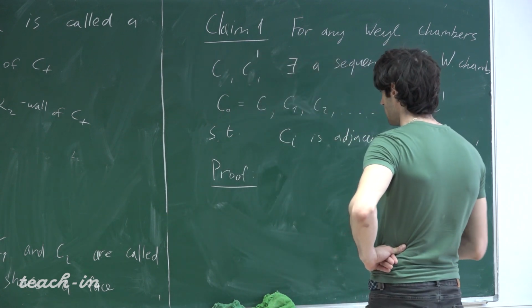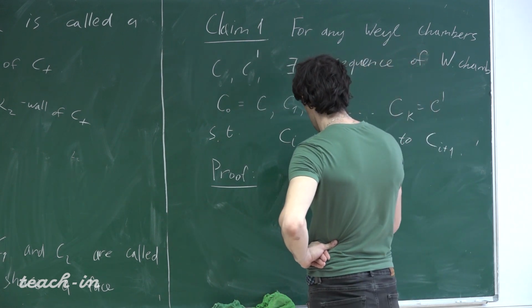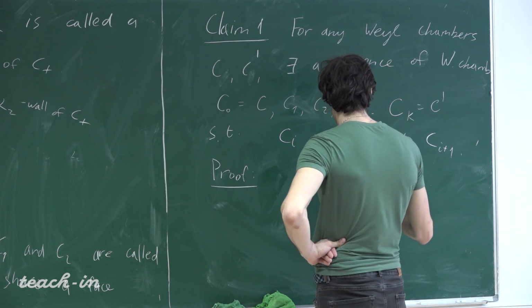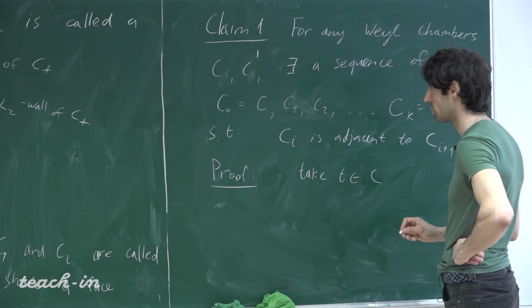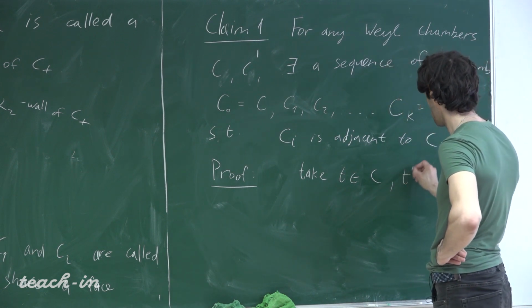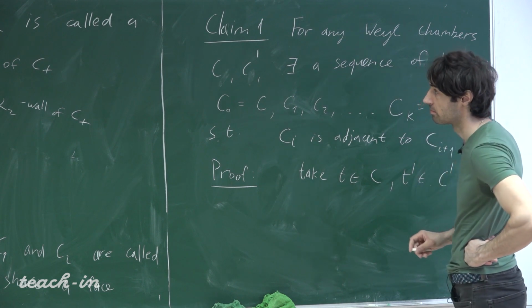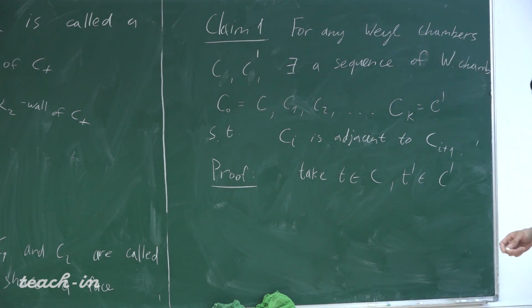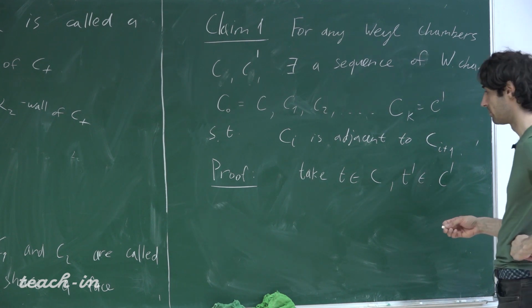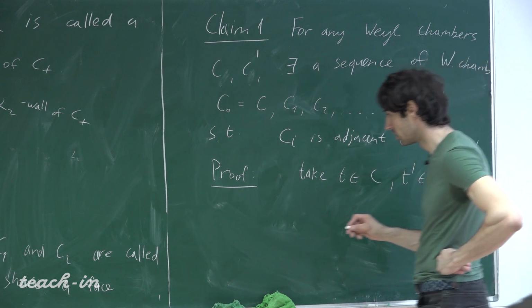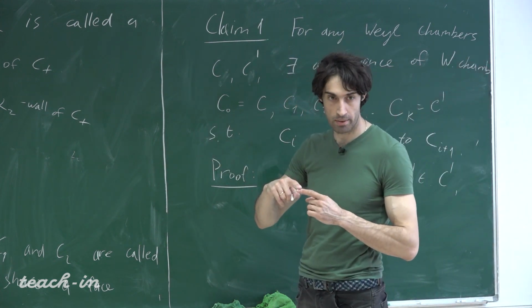Let me take one element in C and denote it T. And let T prime be an element in C prime. Then I would like to consider a path from T to T prime.